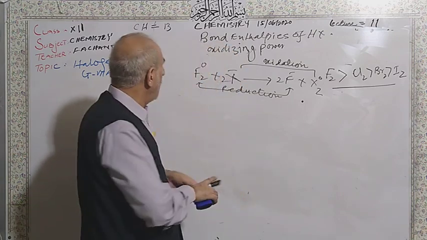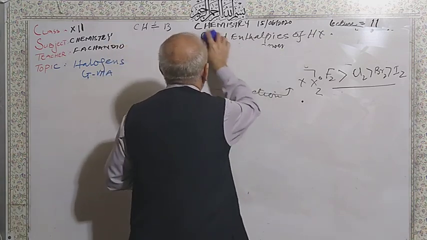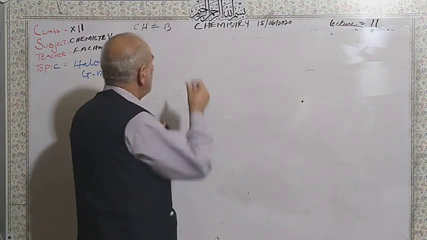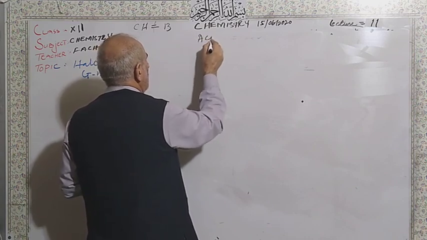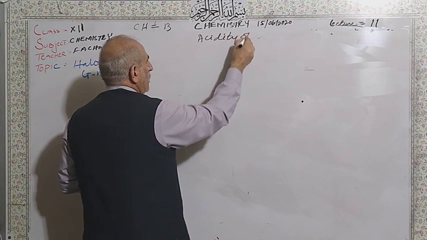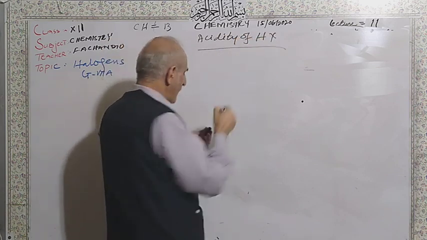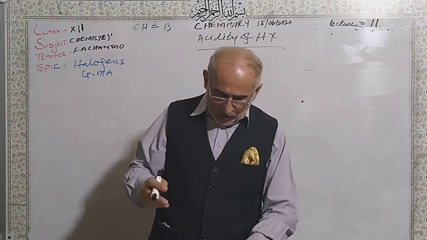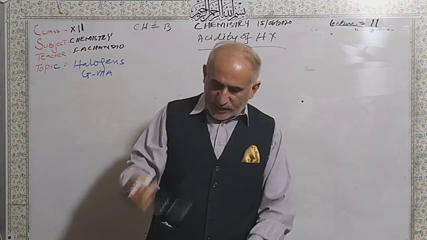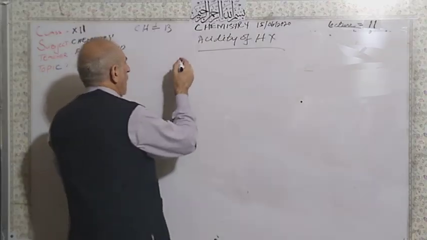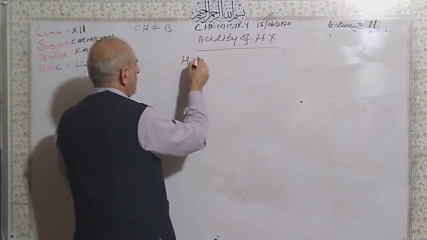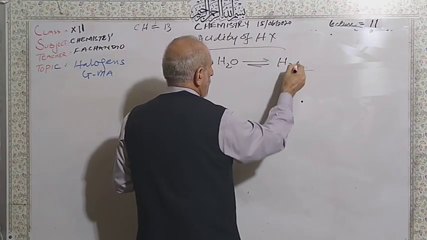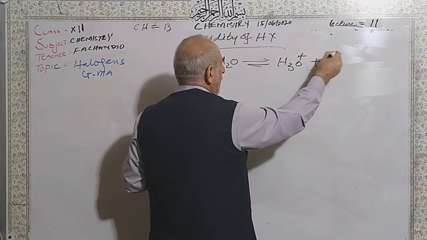Acidity of hydrogen halides. In this topic, all the halogen acids in aqueous solution dissociate into hydronium ion and halide ion.